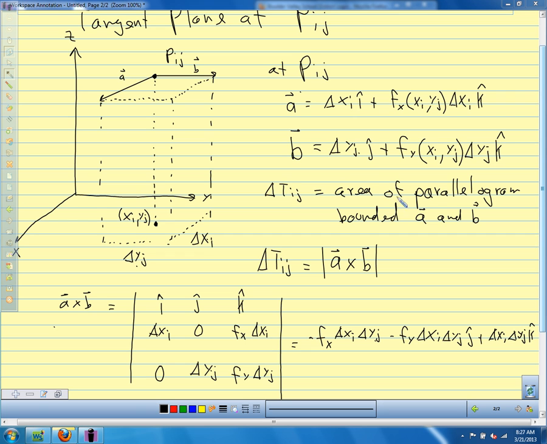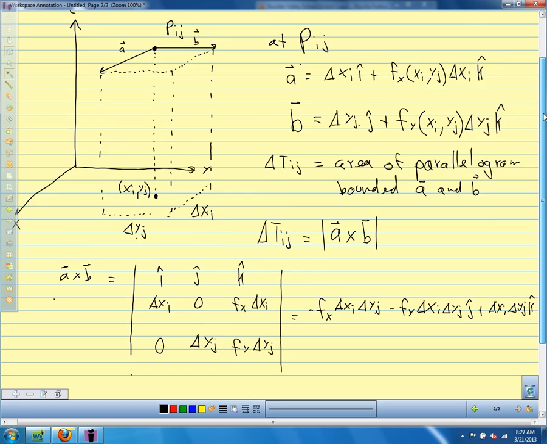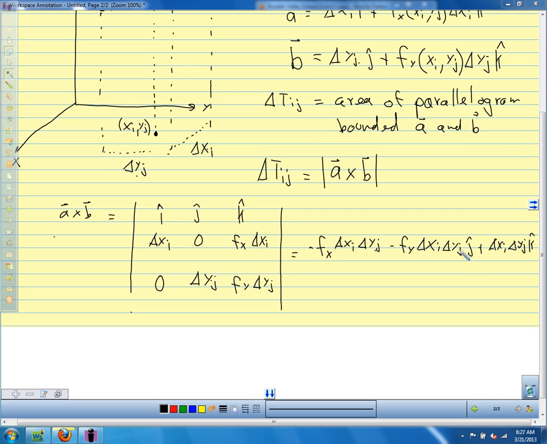So this is the slope, this is m, and this is the distance we travel. So that tells us how far up we go. The change in the height is the slope times the distance we travel in that direction. Does that help? Okay. So we have this delta x sub i, delta y sub j term in each term of our cross product.